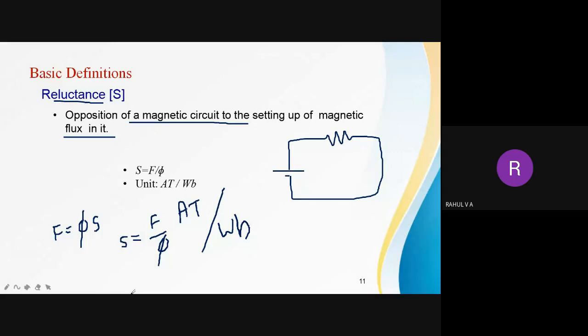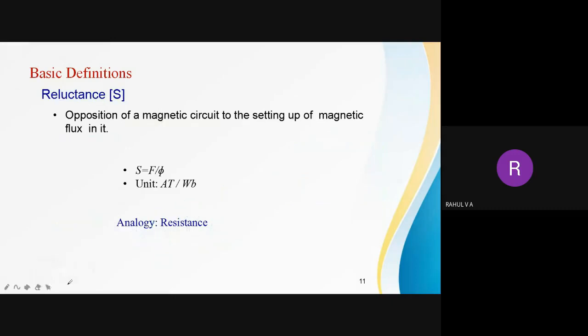And also we have seen the unit of reluctance. So it is similar to resistance. EMF is similar to MMF in a magnetic circuit. Current in an electric circuit is similar to flux in a magnetic circuit. Resistance in an electric circuit is similar to reluctance in a magnetic circuit.